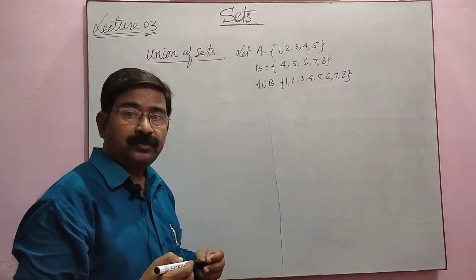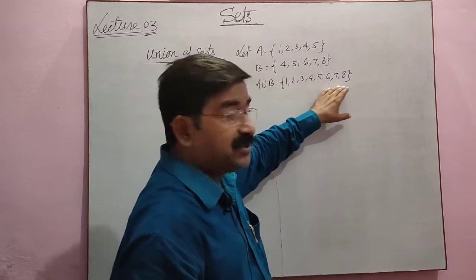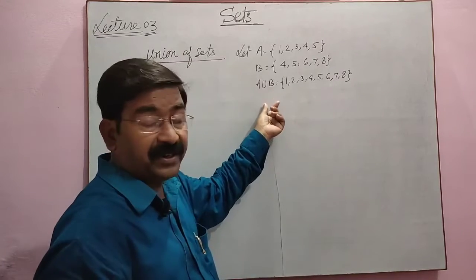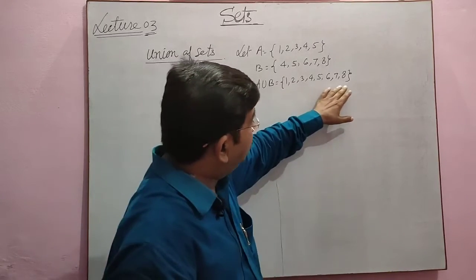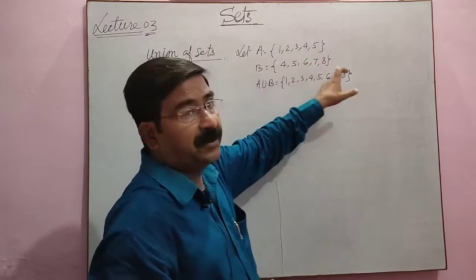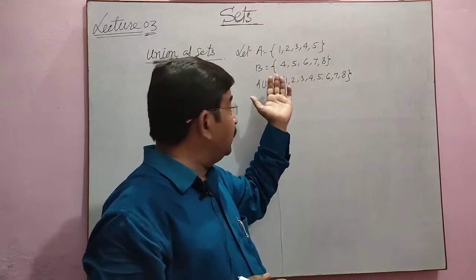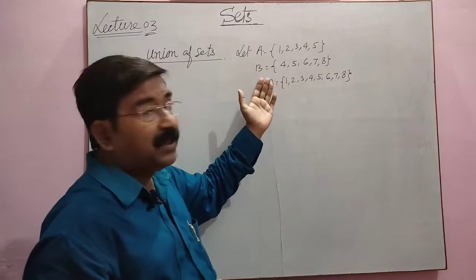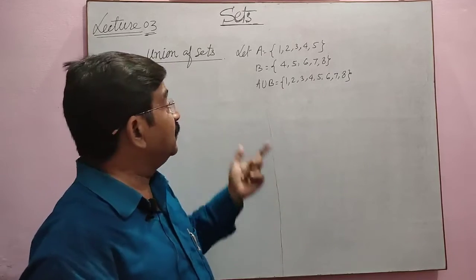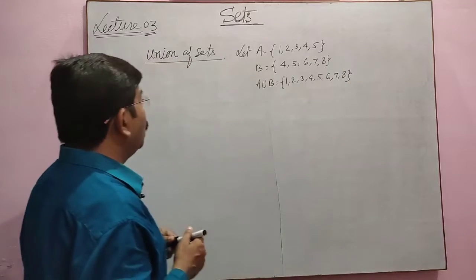Now just observe the elements of this A union B. This is also a set. So the elements of this set are either of set A or of set B. Means some of the elements are from A and some are from B. So how to define it?